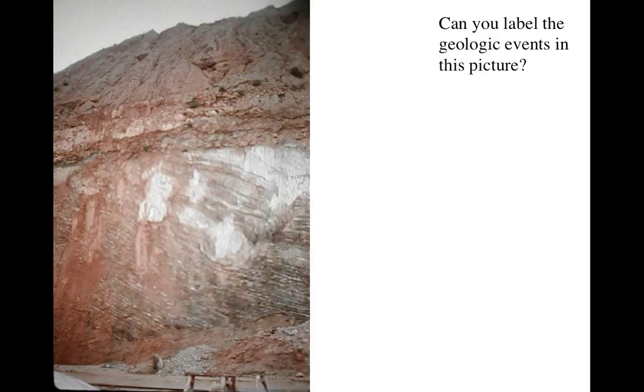Okay, we're back to that same old picture. How many times do we have to see this? Well, it's a good picture, that's why we keep seeing it. Can you label the geologic events in this picture? What happened first? The shell was laid down. What happened second? Think about the unconformity. Oh, erosion.